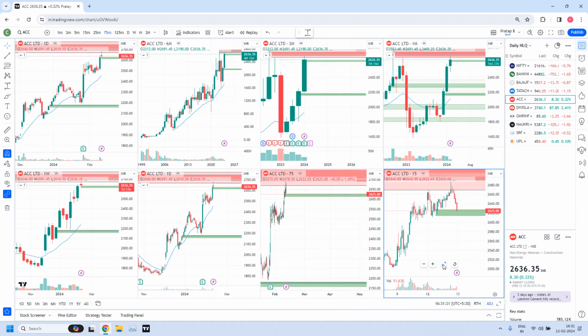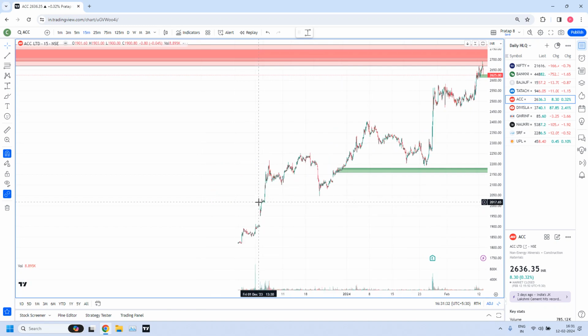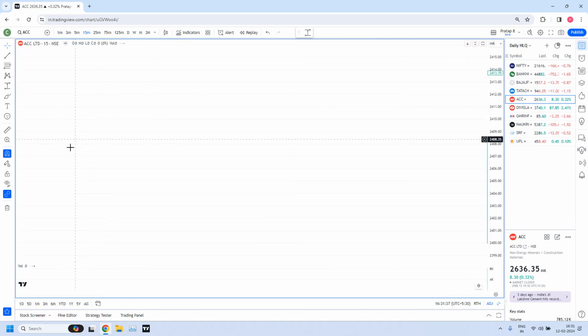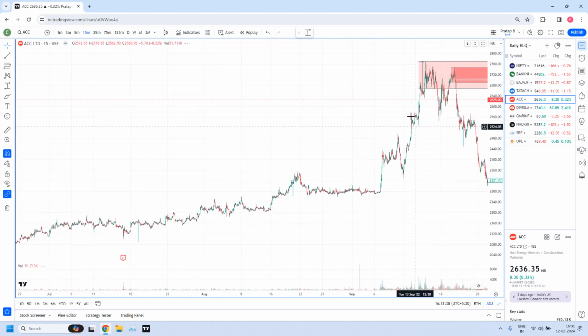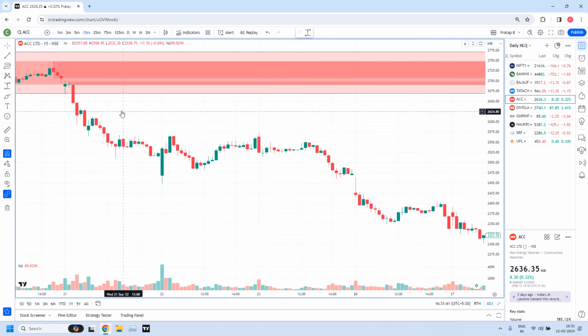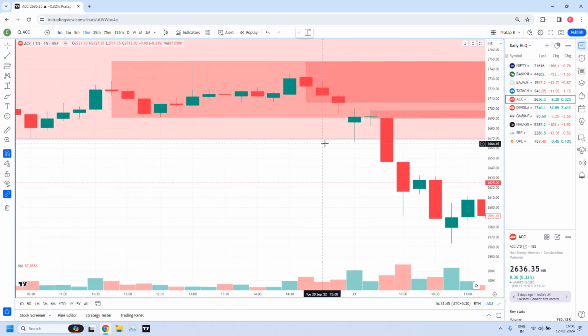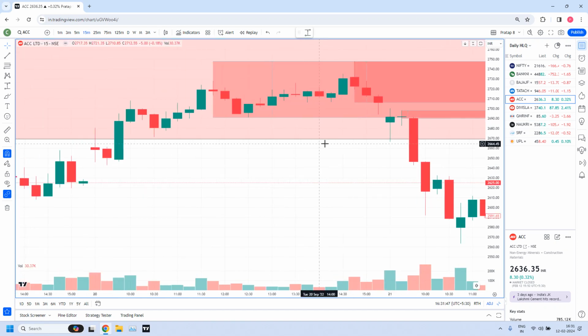Now we have to fine tune to 15 minutes inside the 75. See how we fine tune here. You can consider a rally candle, 3 base candles with the hidden gap.